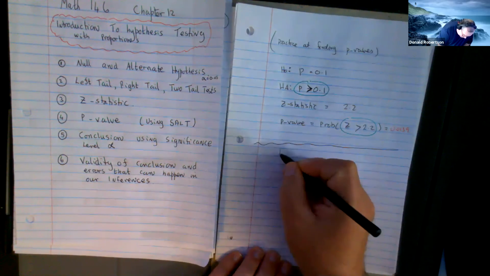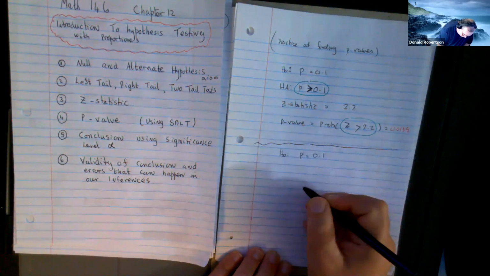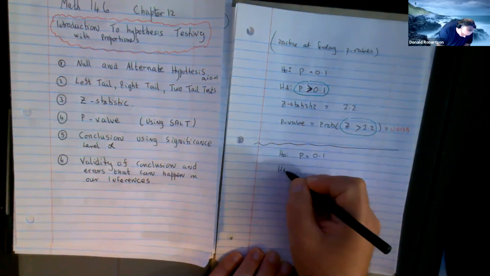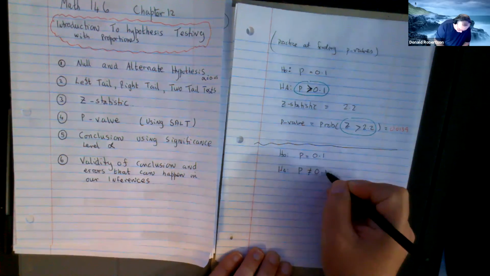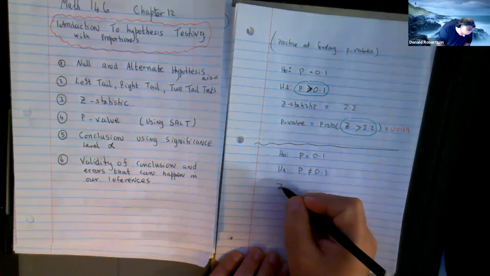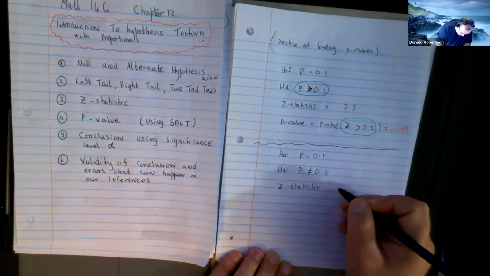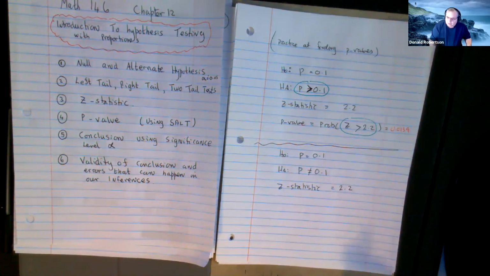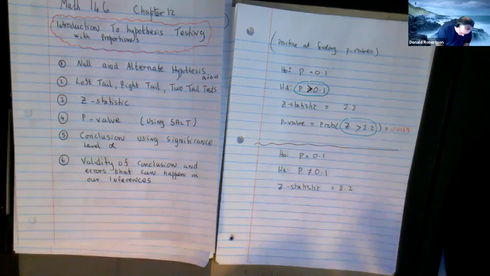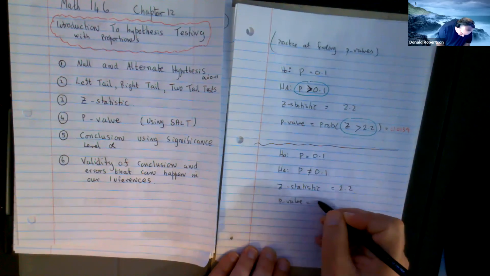Suppose the question had p equals 0.1. The alternate was p not equal to 0.1. And the Z statistic was 2.2. How do we get the p-value in this case? Well, we know it's the probability.